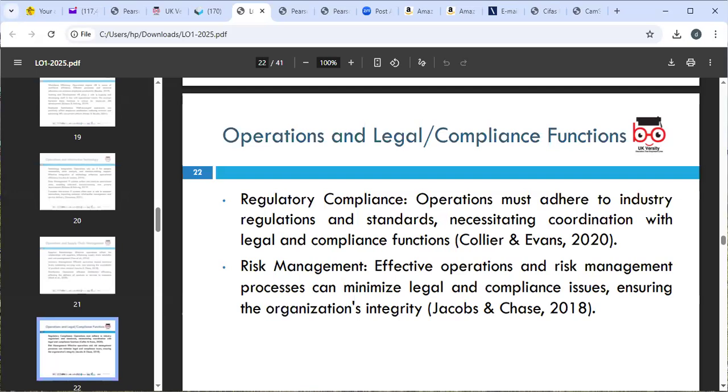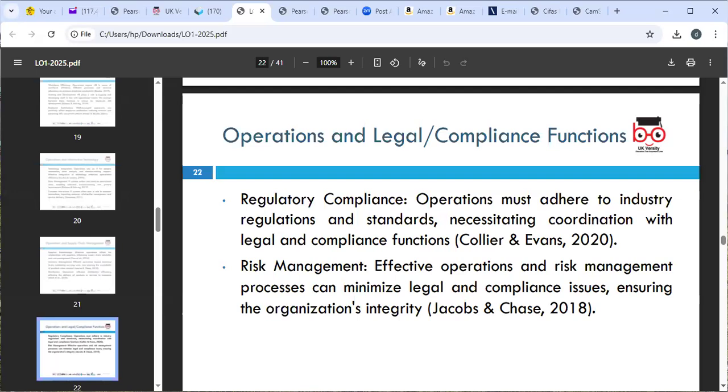Risk management. Effective operations and risk management processes can minimize legal and compliance issues, ensuring the organization's integrity, Jacobs and Chase 2018. Okay. With risk management, you have to manage uncertainties, things that may occur or are likely to occur.